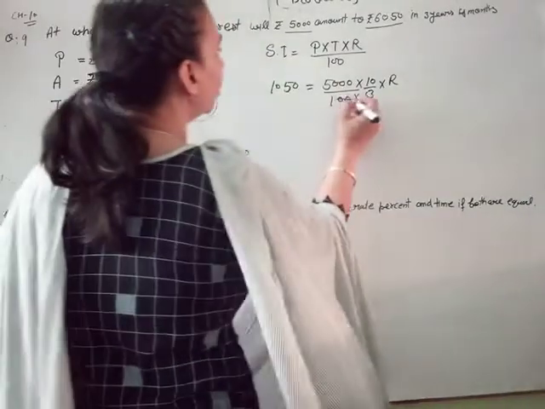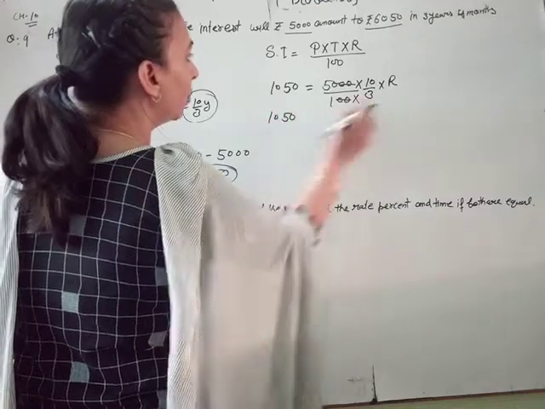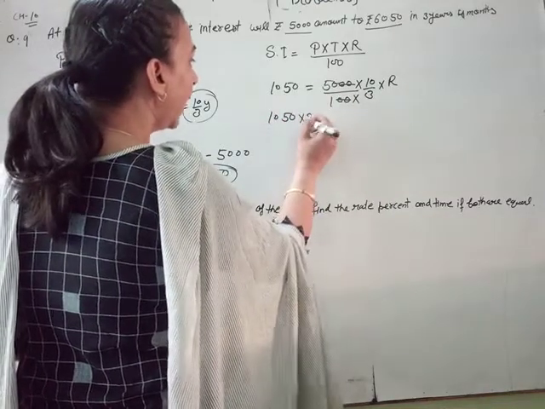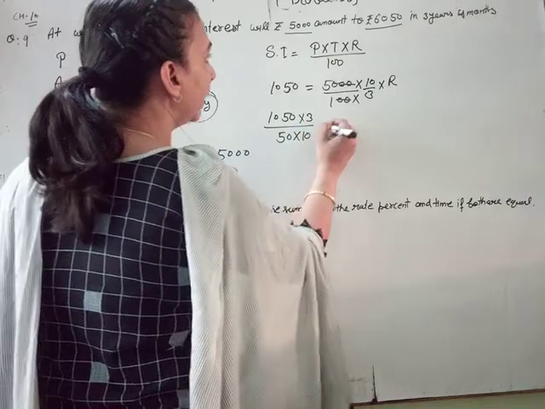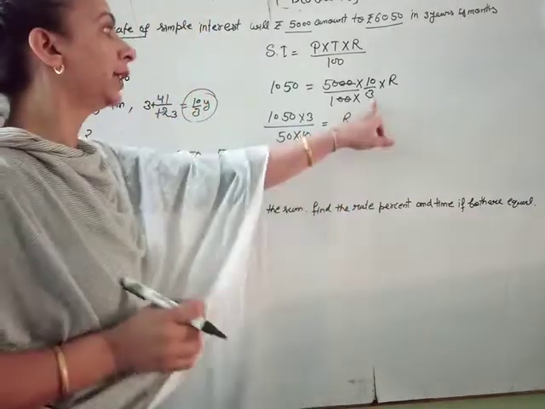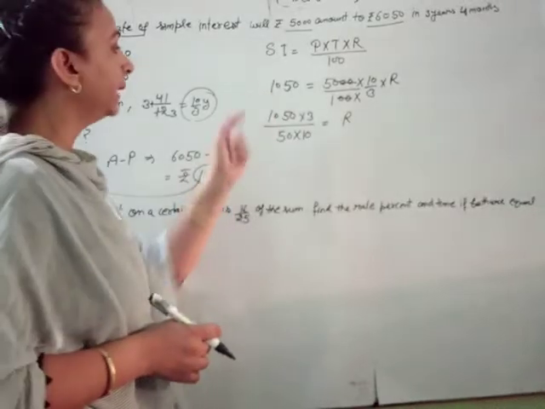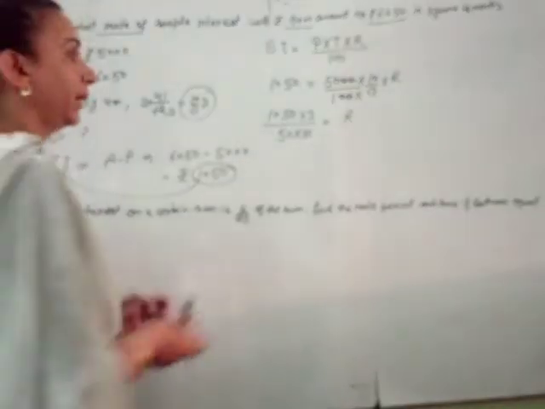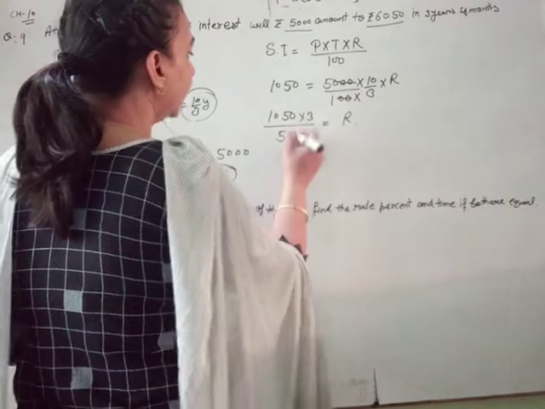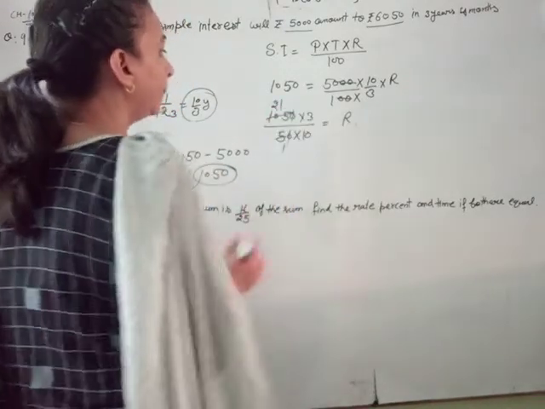Then 20 cancels out; again, 1050 multiplied by 3 and divided by 50 multiplied by 10 equals R. The 3 goes in the numerator and these go in the denominator. Then again 0 and 0 cancel; 5 ones are 5, 5 twos are 10, and 5 times 21 is 105.